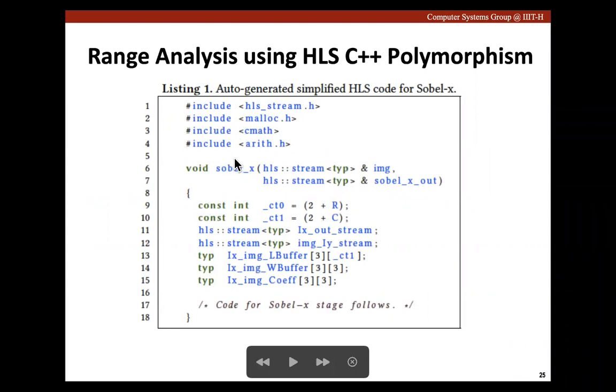You take an input image stream and you output an output image stream. And there is a line buffer and a window buffer, all sorts of things in this code. The interesting thing I would like you to pay attention to is this: we are not specifying the type here. It is just written as TYP.